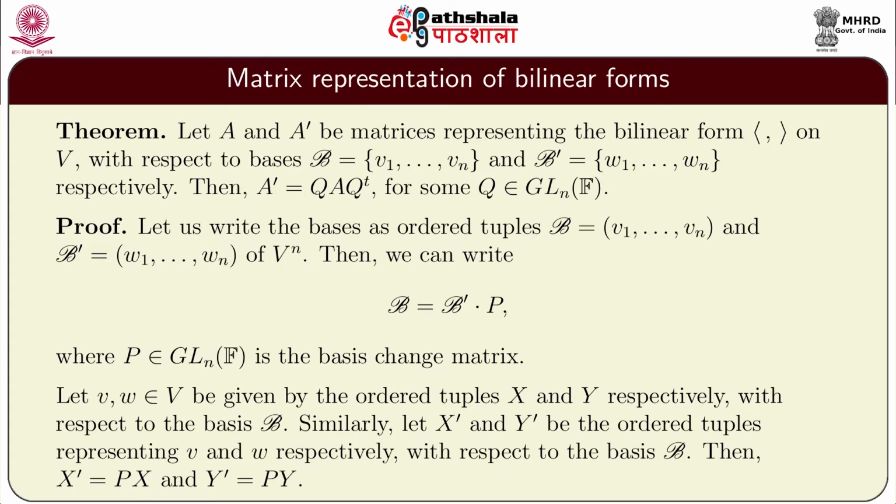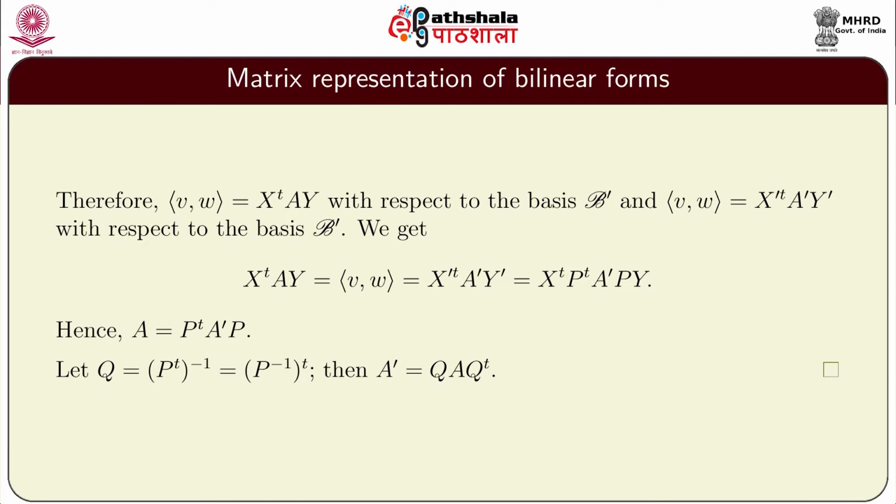Then P being the basis change matrix, we can write x dash is equal to Px and y dash is equal to Py. Therefore, inner product v comma w is equal to x transpose Ay with respect to the basis B, and that is x dash transpose A dash y dash with respect to the basis B dash, both being the same as inner product v comma w.